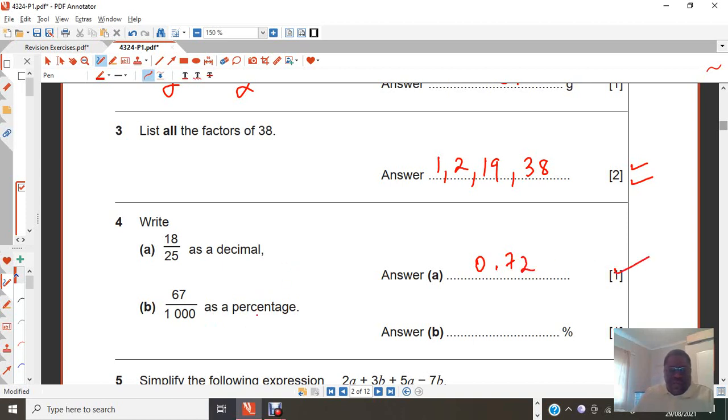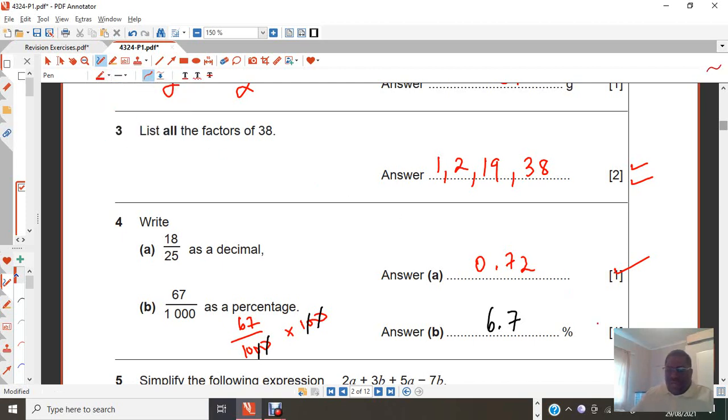Well, you're supposed to write this as a percentage. When you write 67 over 1000 as a percentage, simply multiply that with 100. And then you're going to get 6.7%. Again, straightforward.